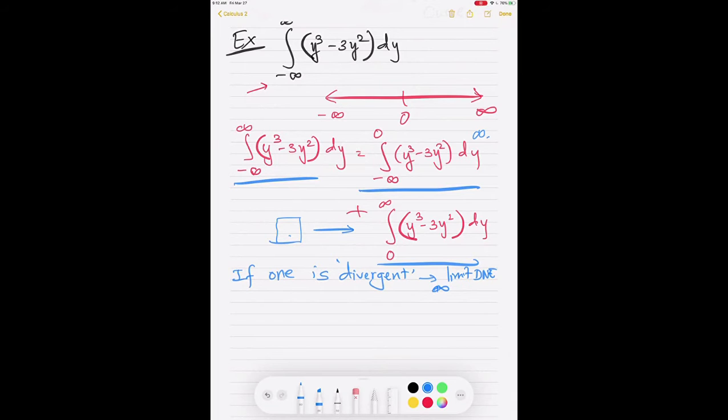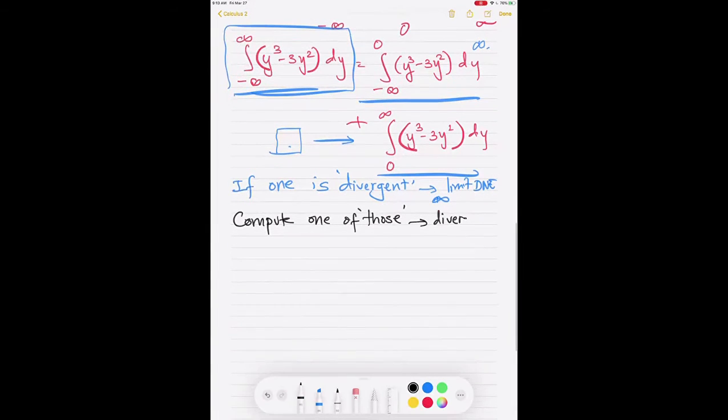So when I see integrals like this, the first thing, split it up. Second thing, I would just go ahead and compute one of those integrals. And that shows if one of them turns out to be divergent.